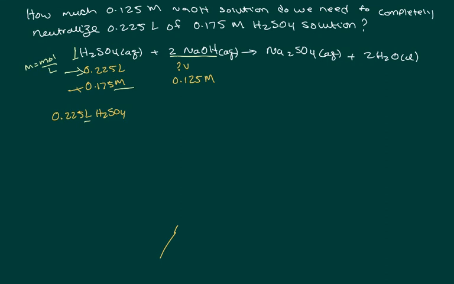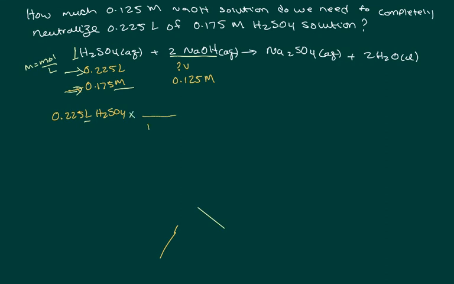Then I can use my balanced chemical equation, because this is a ratio saying 1 mole of sulfuric acid needs 2 moles of sodium hydroxide, okay? So let me use my molarity as the conversion factor now.